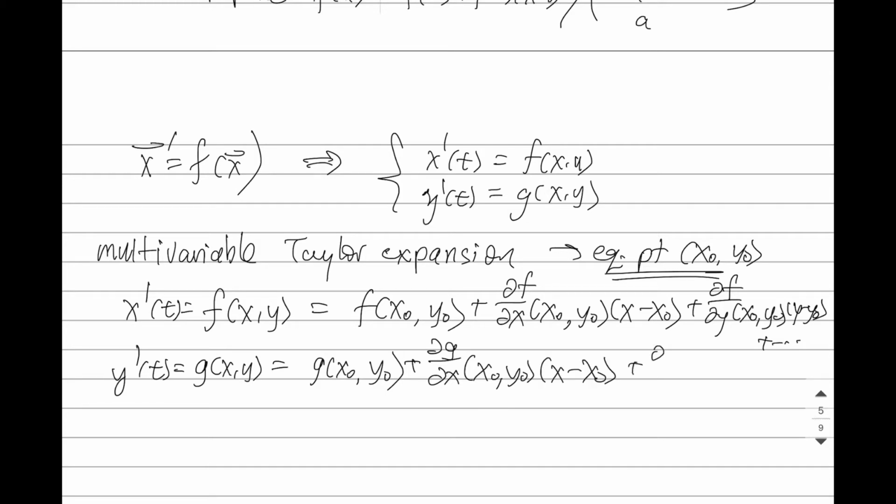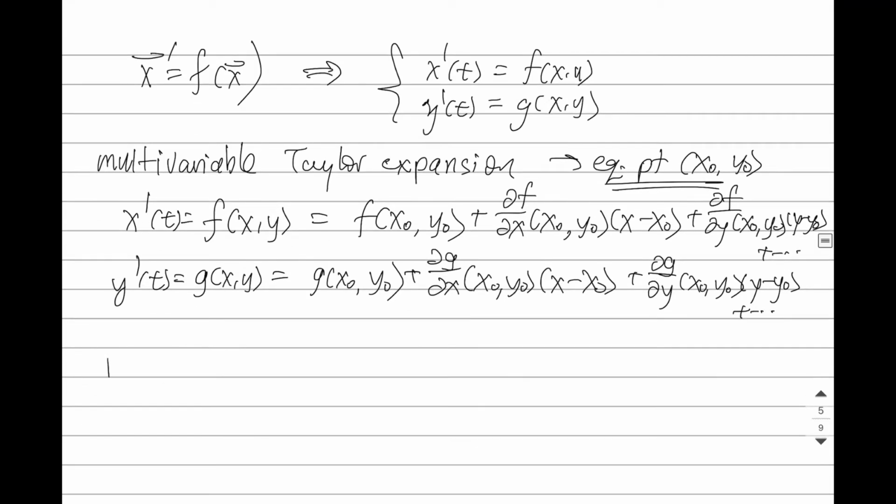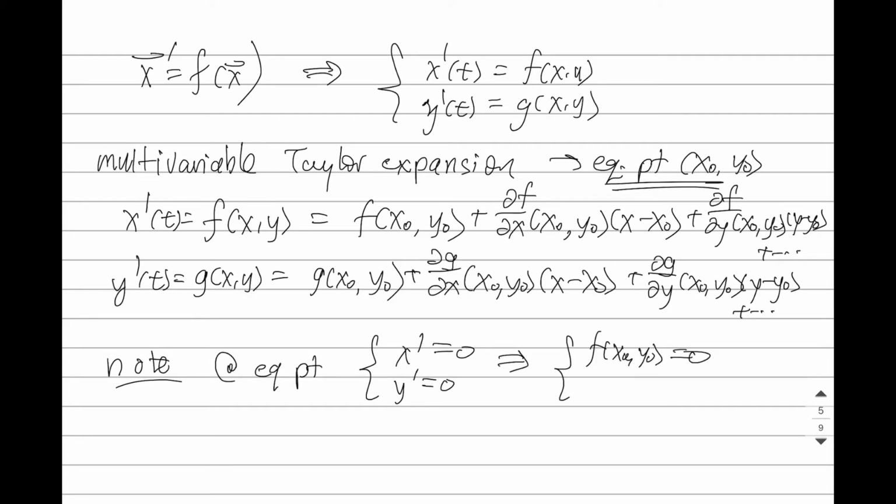Effectively, we're going to keep only the linear terms and throw away all the other stuff. Now, note that at the equilibrium point, each of x prime and y prime is equal to 0. That means that f of x naught and y naught has to be 0, and g of x naught and y naught has to be 0.